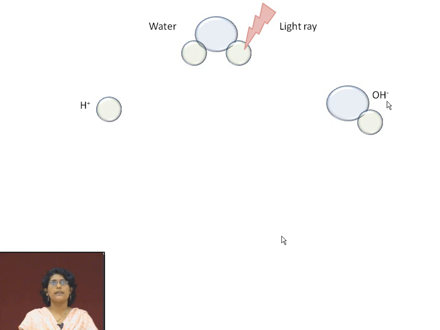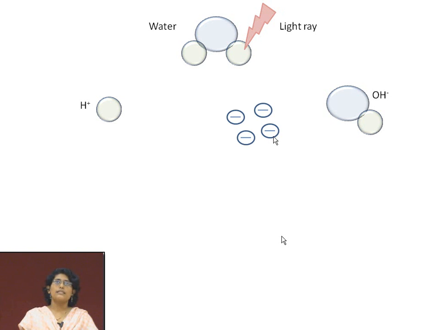H plus ions and OH minus ions are produced in the presence of light energy from the water molecule. What is the site for this reaction? It is the chlorophyll pigment in the thylakoid membrane in the chloroplast.